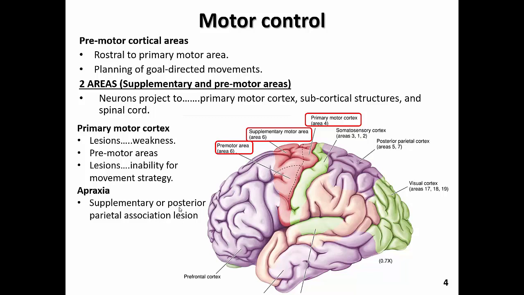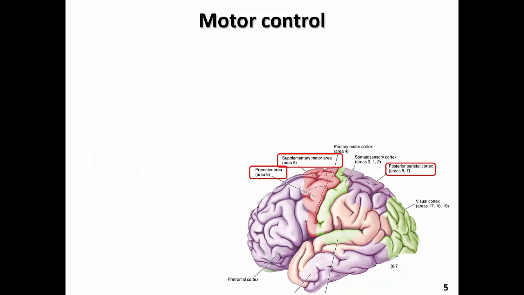Now, when you see the term posterior parietal, that's pointing to a sensory function that helps to guide movements. And so apraxia is defined essentially as the inability to perform complex acts or learned or purposeful movements. And one such example is speech apraxia.